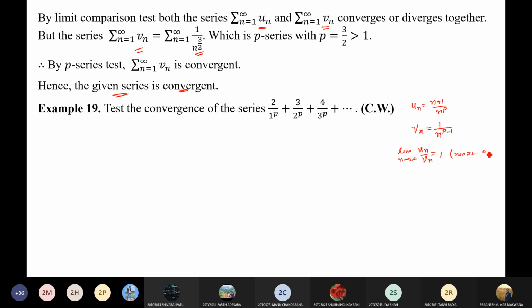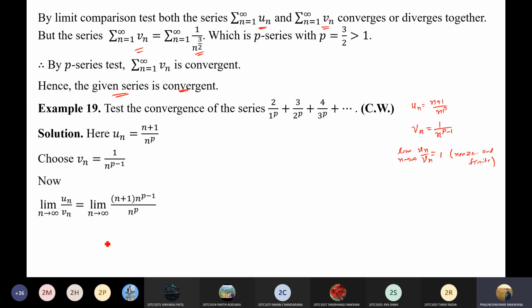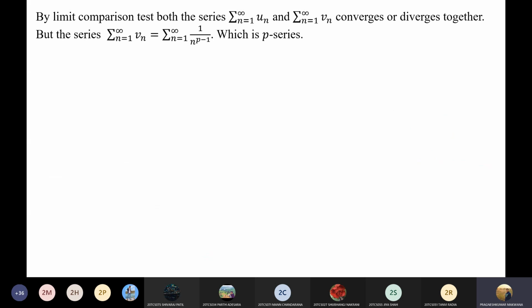So I apply this test. See here, that is 1. So it is non-zero and finite. Now, by limit comparison test, both the series are convergent or divergent together, but for the series Vn, what about this series, which is a P series?